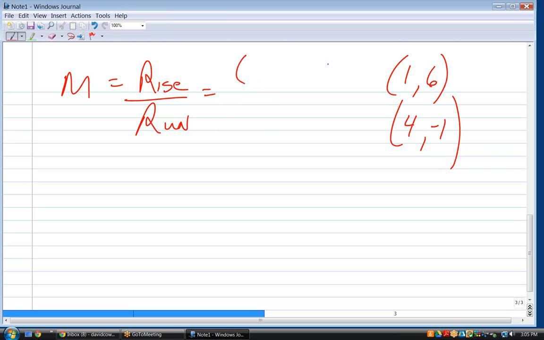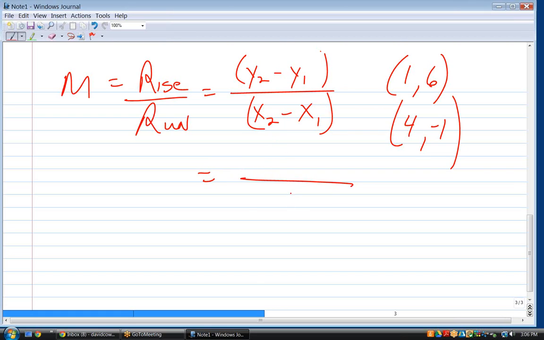What's the rise? The rise is y sub 2 minus y sub 1, and the run is x sub 2 minus x sub 1. Don't get those backwards. In other words, it's always the vertical that's in the numerator. So in this case, what's the numerator? -7.